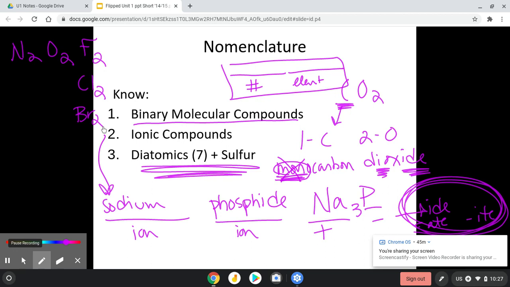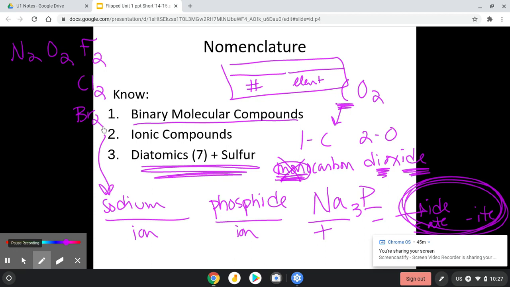So positive ions or cations, they are going to be named the same as the element, whereas negative ions or anions, they are either going to end in "ide" or they're going to be polyatomic, which means they end in "ate" or "ite." Okay, so next time we will start by talking through the ion names, "ate" and "ite", and we will remind each other of how to deal with that.